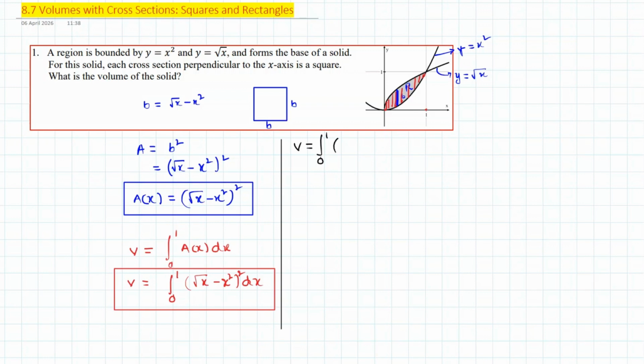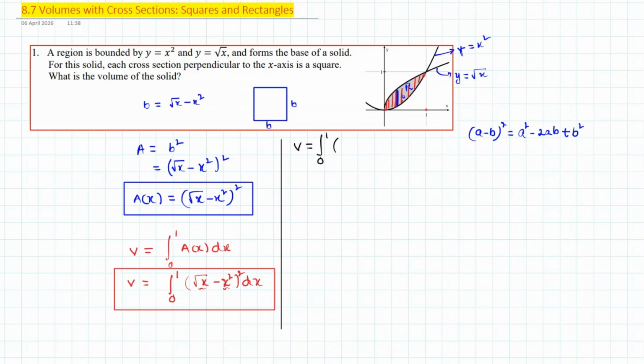Square root of x minus x squared, whole squared, uses the formula a minus b whole squared equals a squared minus 2ab plus b squared. Here this one is a and this one is b.